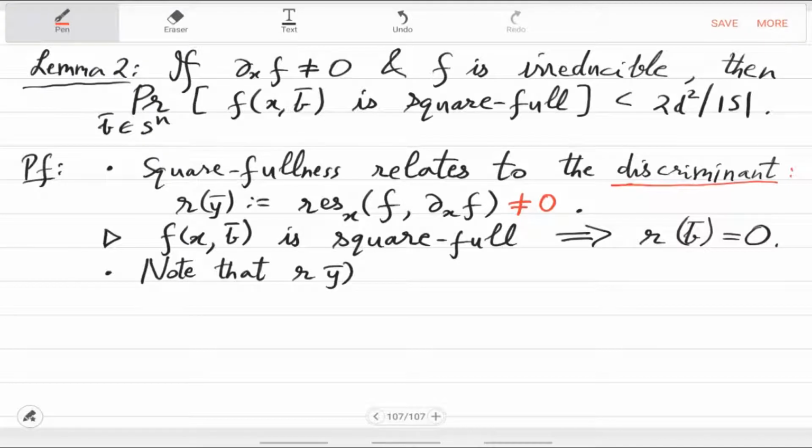So the discriminant is non-zero because of almost monic and derivative non-zero.